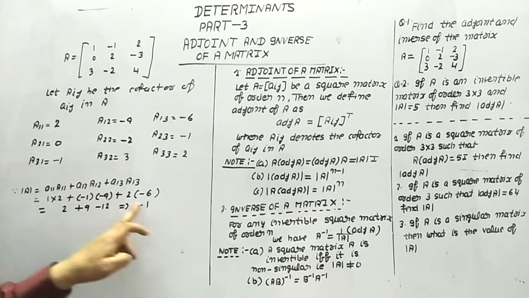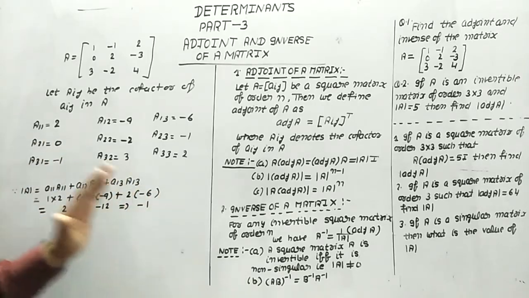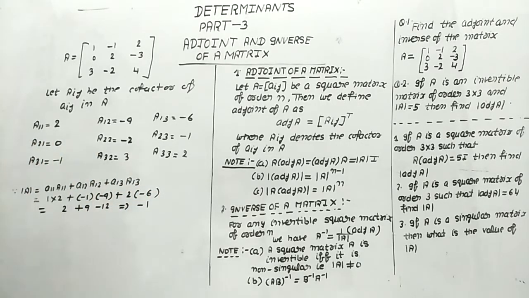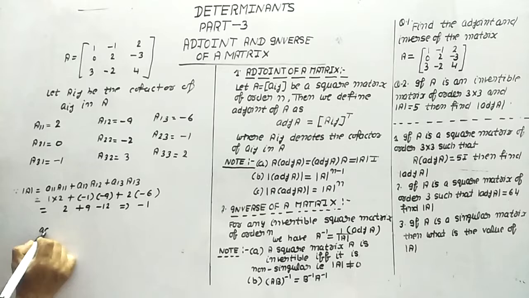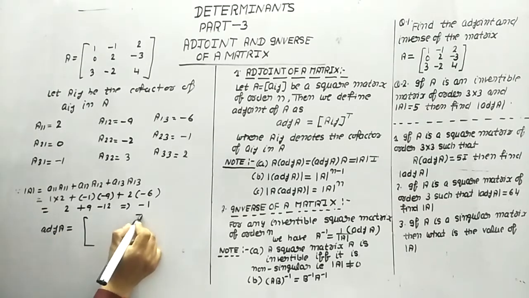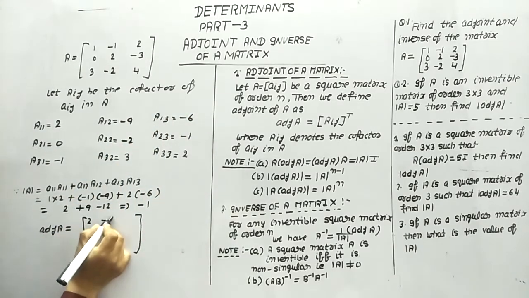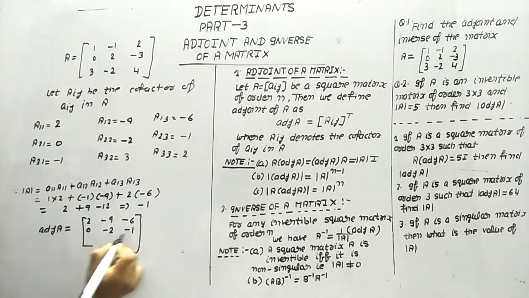If we have to find only the adjoint, there is no need to calculate the determinant. Now look, determinant is not equal to 0, that means it is a non-singular matrix, so we can find the inverse. First of all, the adjoint of A. Take the matrix of cofactors: 2, minus 9, minus 6; 0, minus 2, minus 1; minus 1, 3, 2.